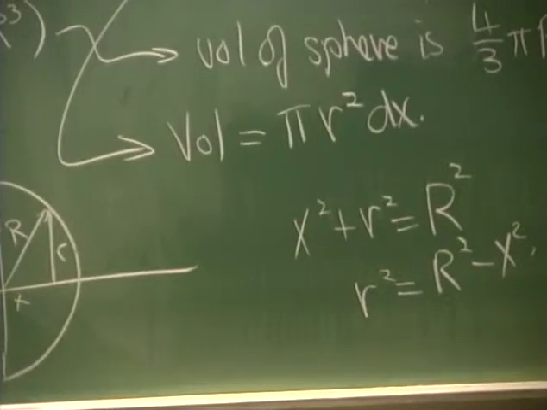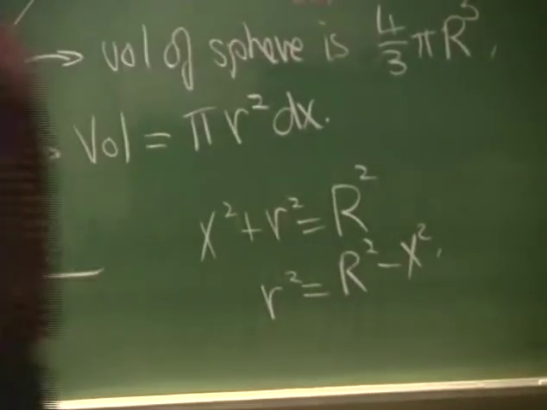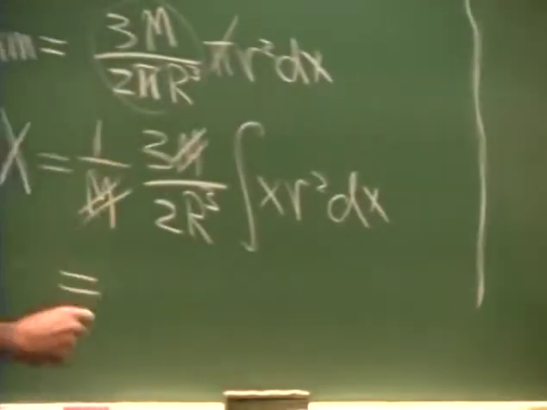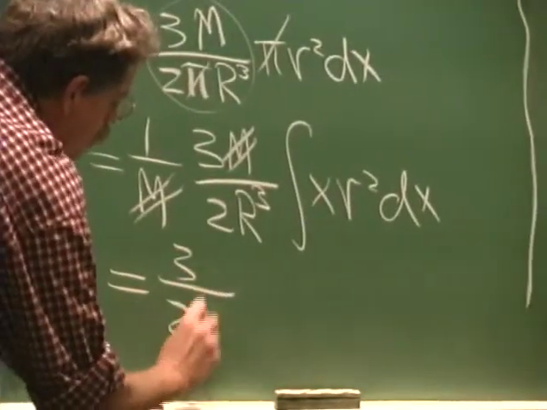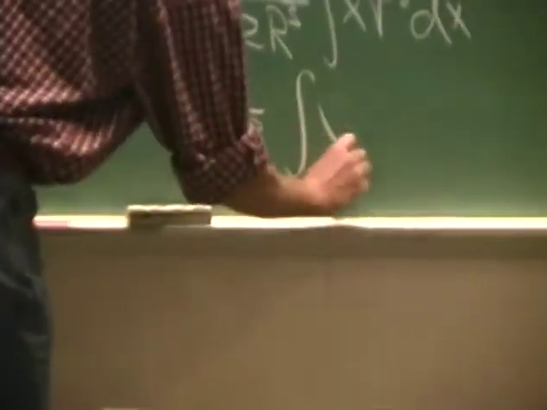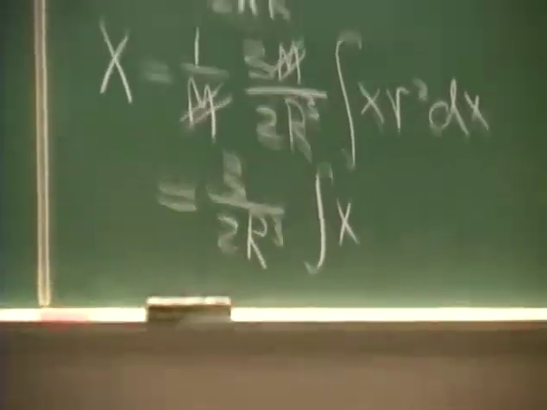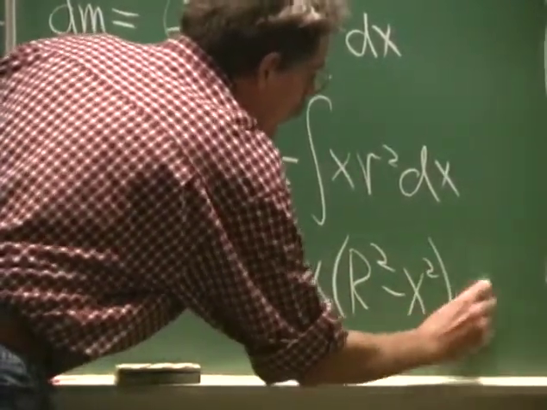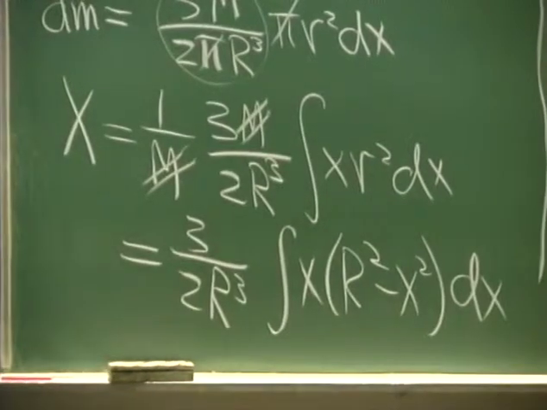Capital R, of course, is a constant, the radius of the sphere. X is what I'm trying to integrate with respect to, so let me put this in now. 3 over 2r cubed, and I have the integral of x times r squared, which is nothing but capital R squared minus x squared, and I'm supposed to integrate that with respect to x.